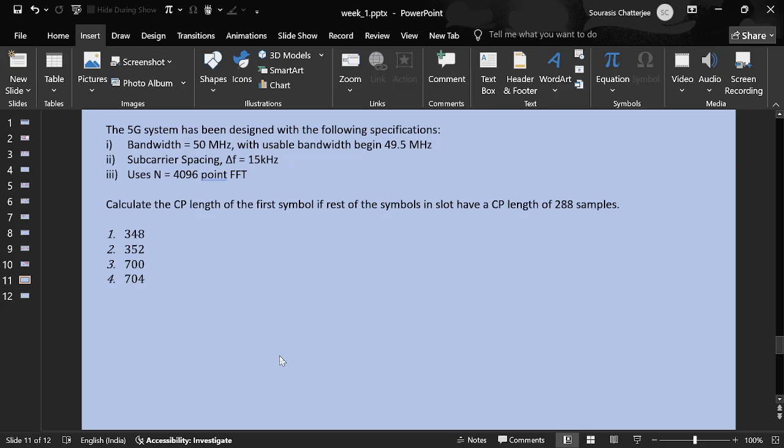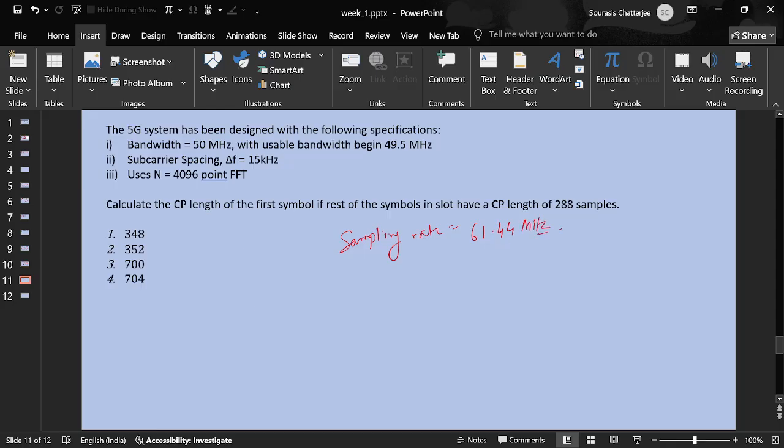So let us first find the number of samples per millisecond. What is the sampling rate for this system? We found it earlier, if you remember. 61.44 megahertz.